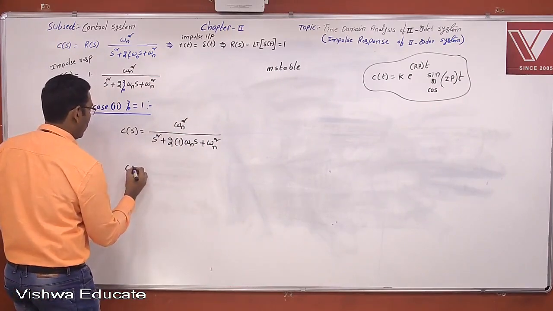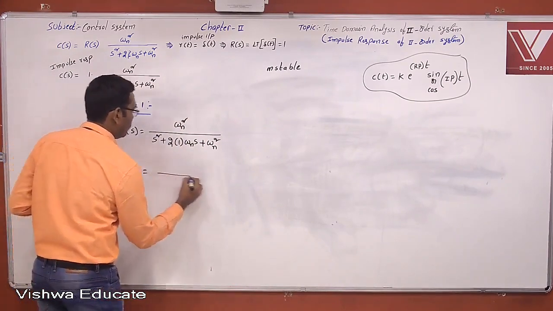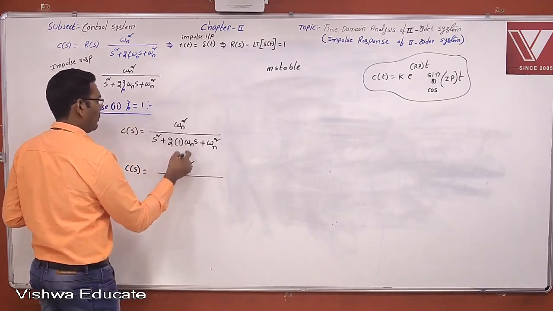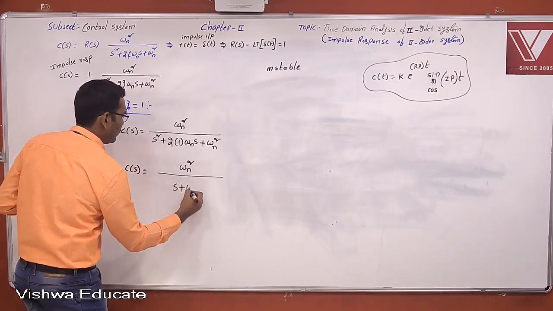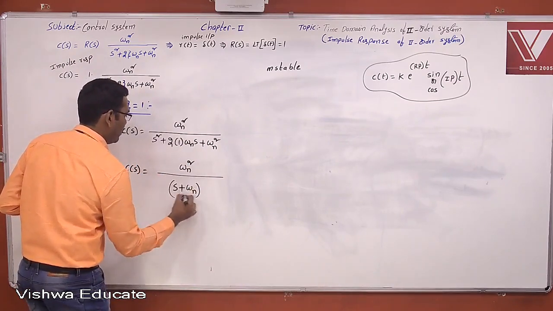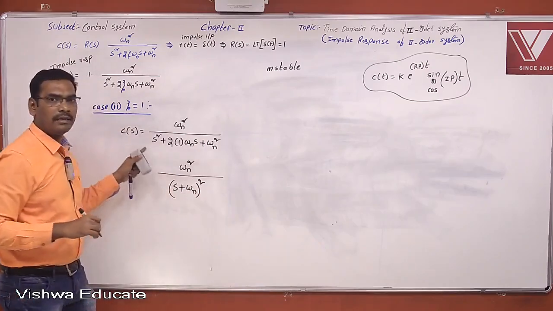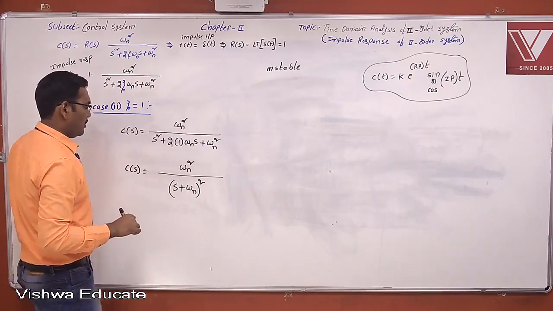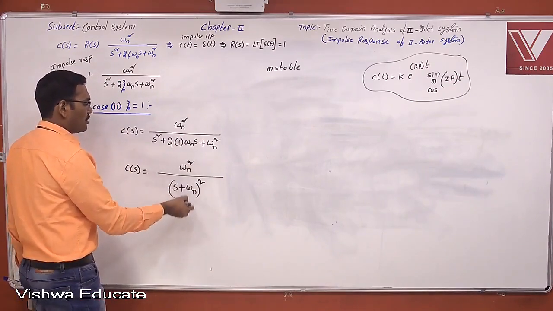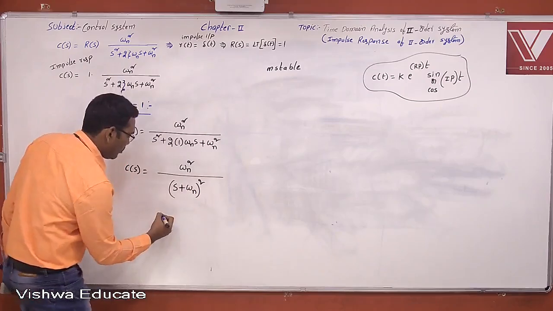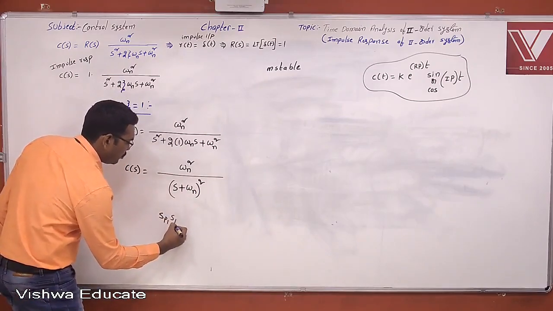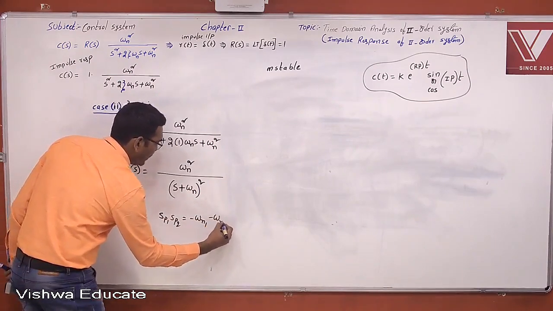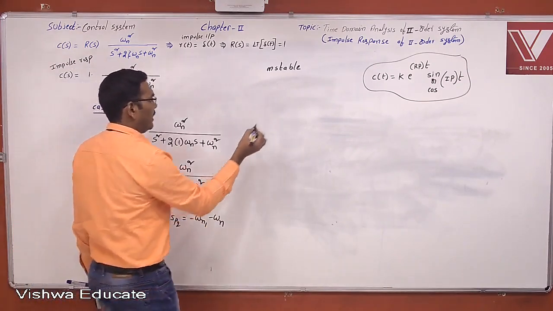Now therefore C of s equals omega n square over s plus omega n whole square. Now see here, the poles location is available directly. What is the poles location? These are the two poles, minus omega n, minus omega n, repeated poles on the negative real axis.